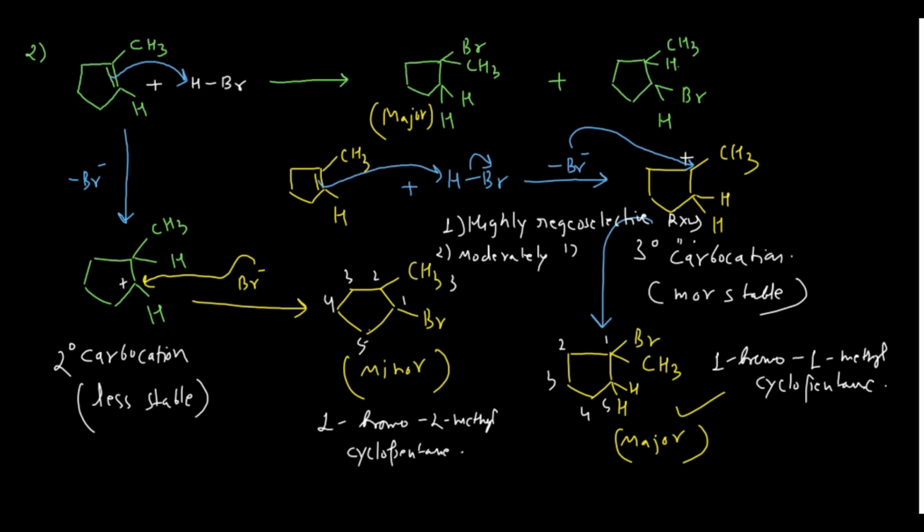Number 3, weakly regioselective reactions. When the difference in the percentage of the major and minor is quite high, then the reaction is highly regioselective. And if the difference in the percentage is a little low, then it is a weakly regioselective reaction. I hope you are getting the things and understanding the reactions in pretty much detail.